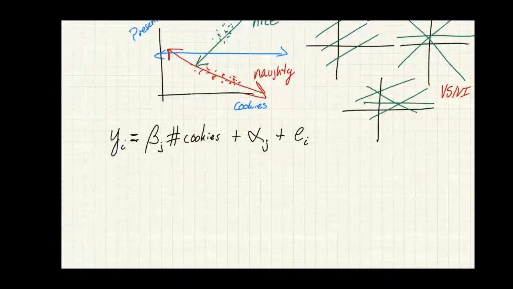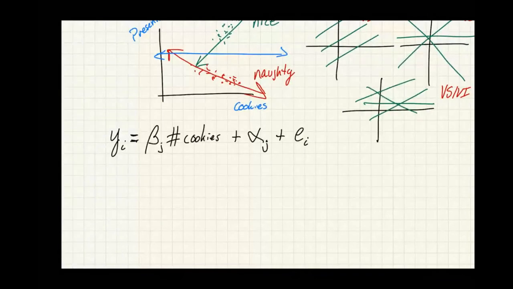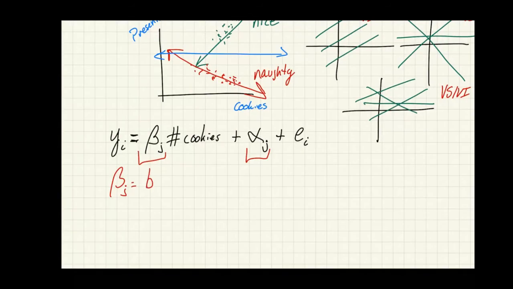What a multi-level model does is it splits up these terms into parts. It says, okay, my relationship between cookies and presents is a function of some global effect plus a group level error term.